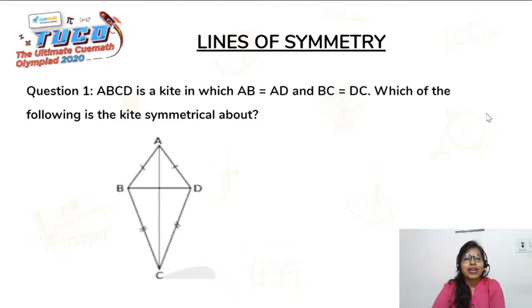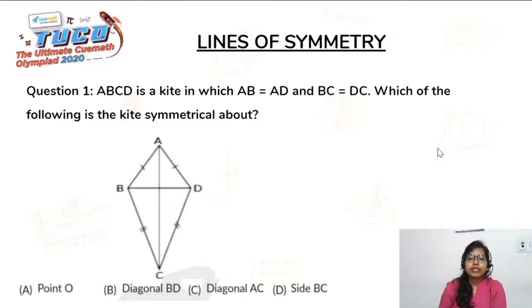ABCD is a kite in which AB is equal to AD and BC is equal to DC. Which of the following is the kite symmetrical about? Let me quickly display the options here. We have these four options: point O, diagonal BD, diagonal AC and side BC.